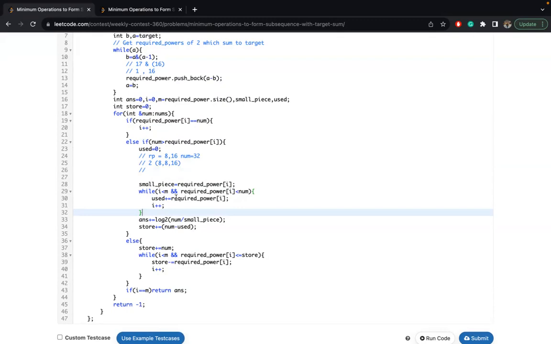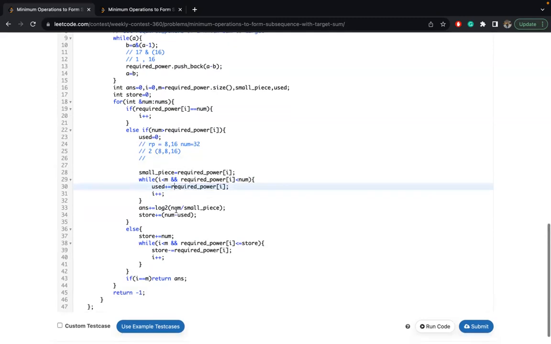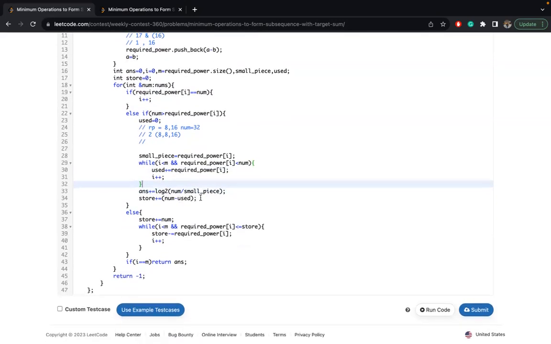If some required power is being fulfilled after this splitting, then it is good, right? Because we will not have to split any other number; while splitting this number only, we are satisfying as many required powers as possible. That's why we are doing these many while operations, and here we are calculating the number of splits that we had done, and then we are updating the storage.